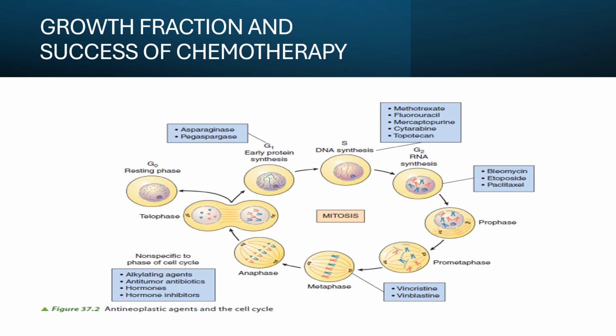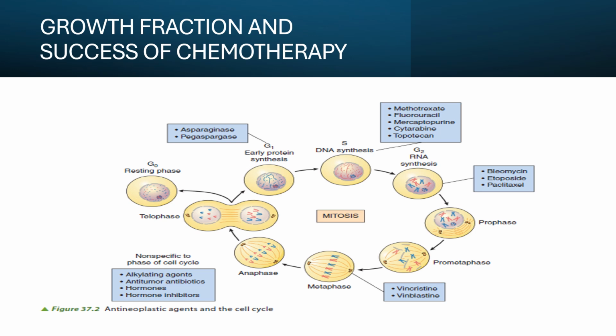The growth fraction is a measure of the number of cells undergoing mitosis in a tissue. It is a ratio of the number of replicating cells to the number of resting cells. Anti-neoplastic drugs are much more toxic to tissues and tumors with high growth fractions. For example, solid tumors such as breast and lung cancers generally have a low growth fraction.